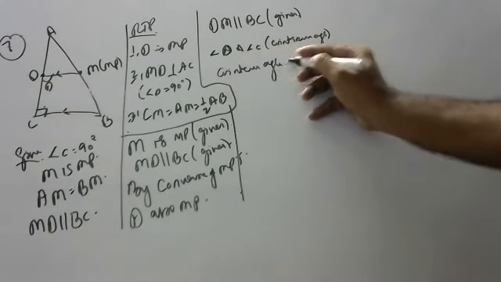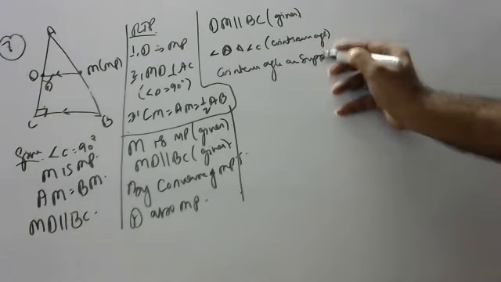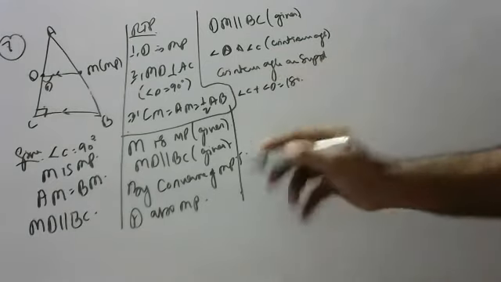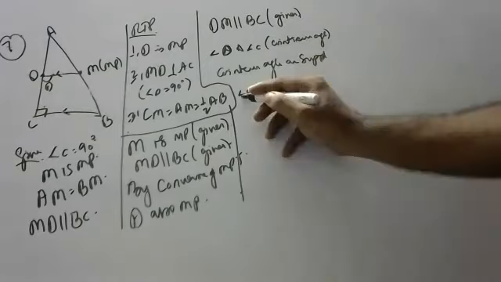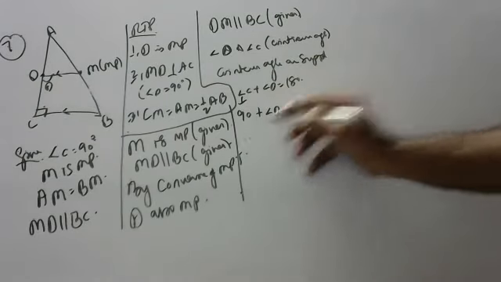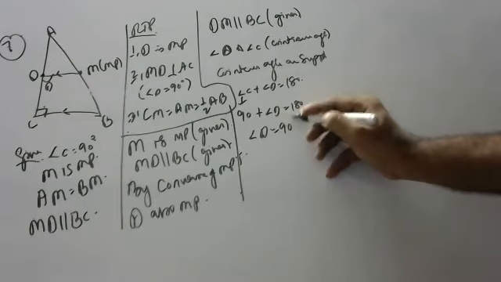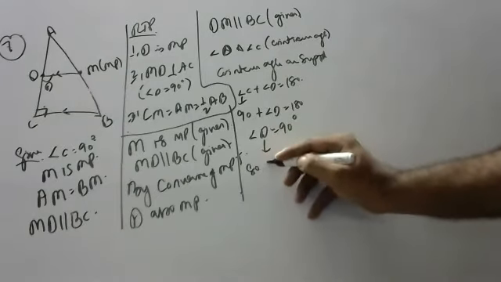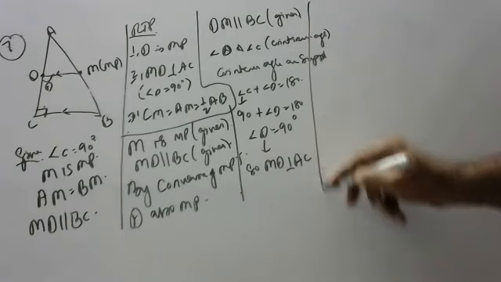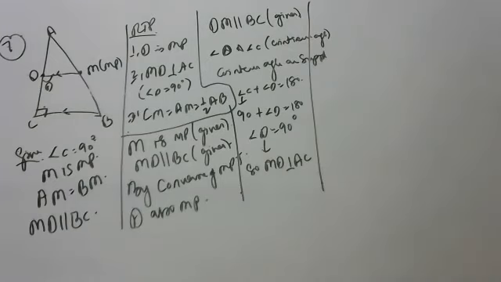So angle C plus angle D will be equal to 180 degrees. But angle C is 90 degrees, already given, so angle D is also 90 degrees. So MD is perpendicular to AC. The second one is also proved.